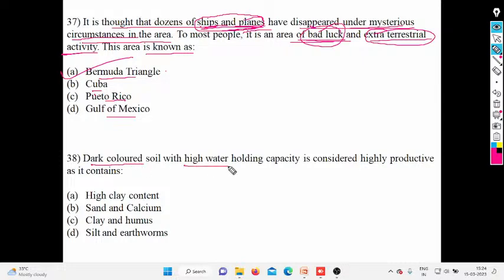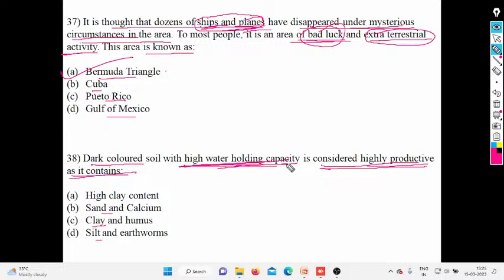Dark colored soil with higher water holding capacity is considered highly productive as it contains high clay content, sand and calcium, clay, humus, silt, and earthworms.